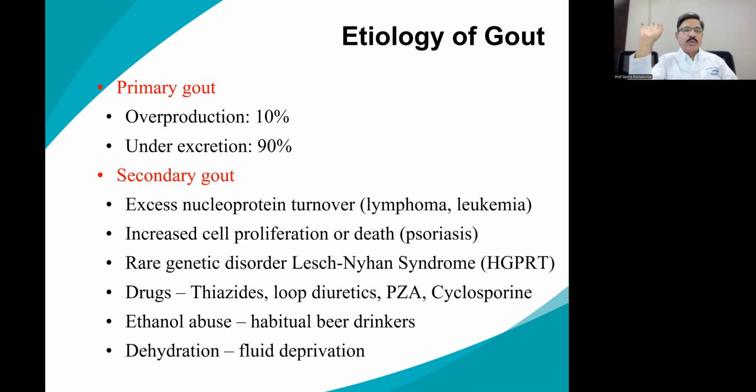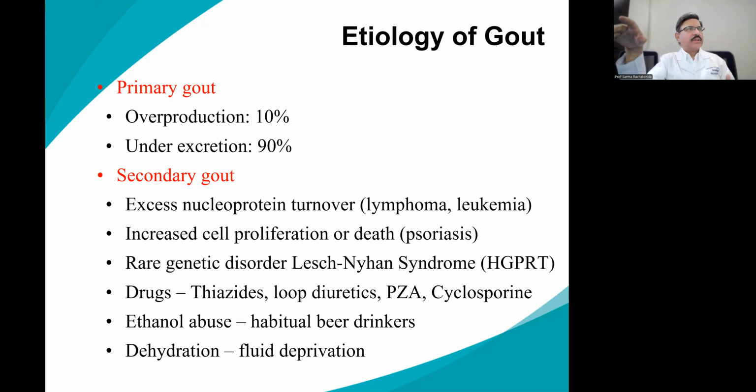Likewise, cyclosporine and ethanol abuse. Ethanol, alcohol and uric acid metabolism are interlinked. In fact, the disease is found more in men who have a history of alcoholism. So it is more related to ethanol abuse and fluid deprivation. Dehydration also makes uric acid precipitate in the tissues and produce gout. Okay. So what is the substance of this slide?